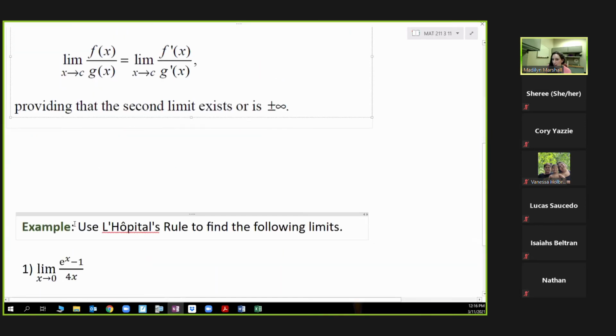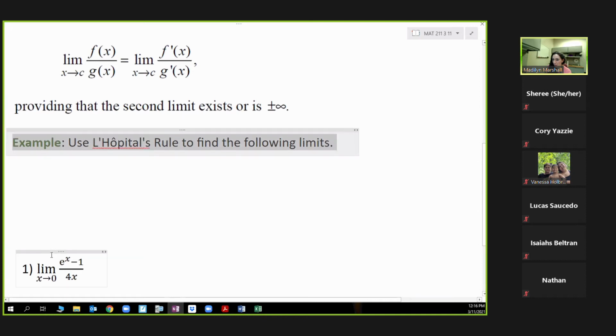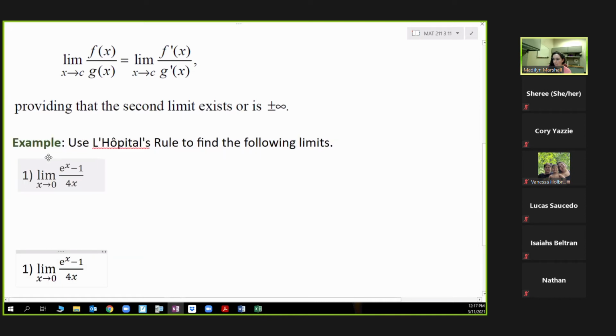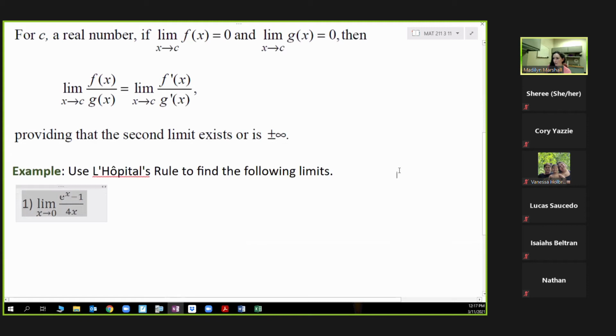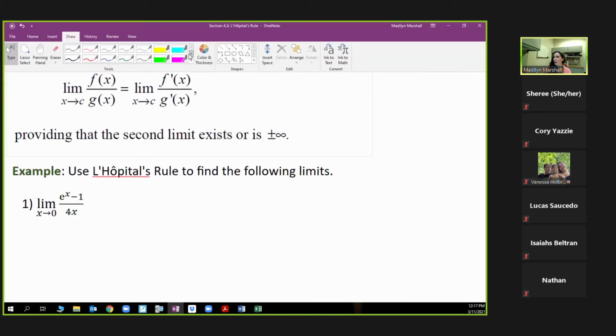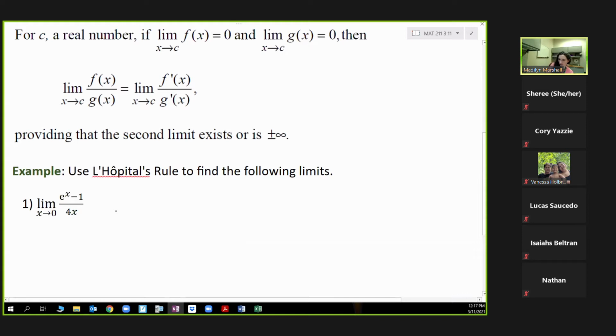So let's go back to that same problem. L'Hopital's rule is telling us that this limit, which is the exact same problem as above, and we already know it is a 0 over 0 situation, is the same as the limit of the derivative of the top over the derivative of the bottom.